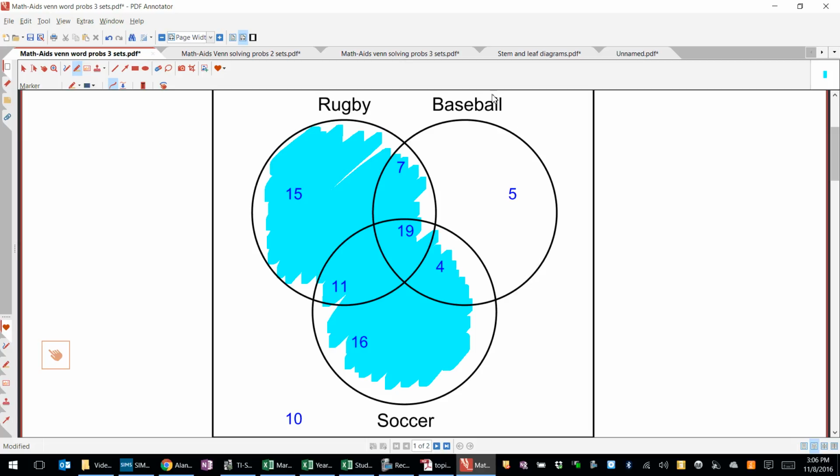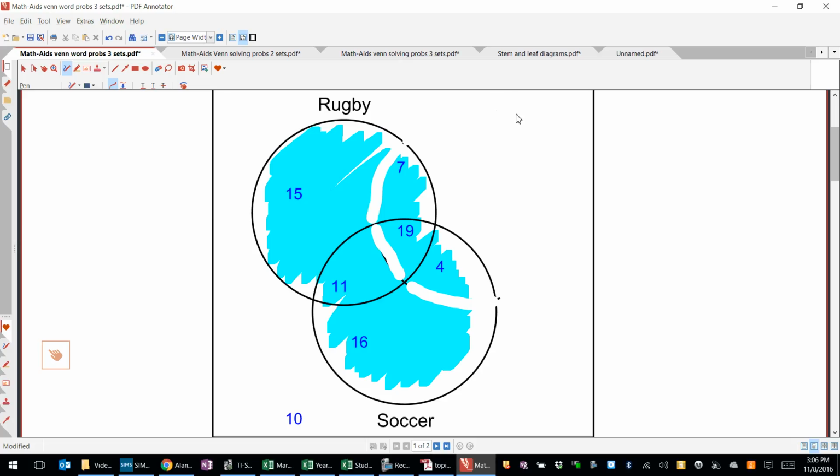It'd be like if I said only rugby or soccer, I would just forget that this even exists. So if I just said how many people like rugby or soccer, I only consider those two circles.